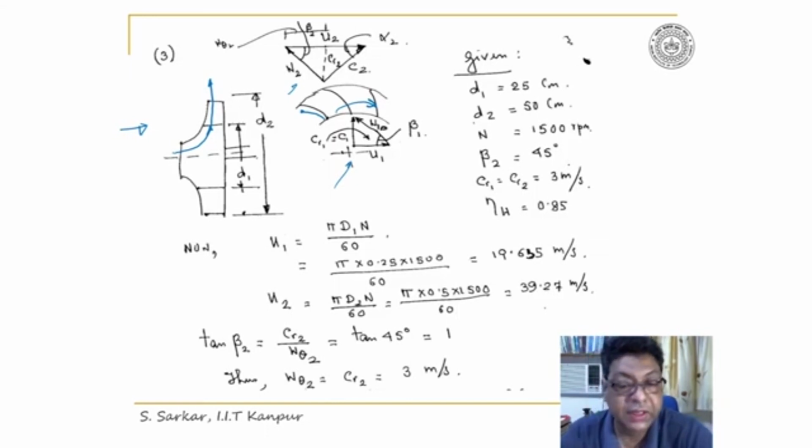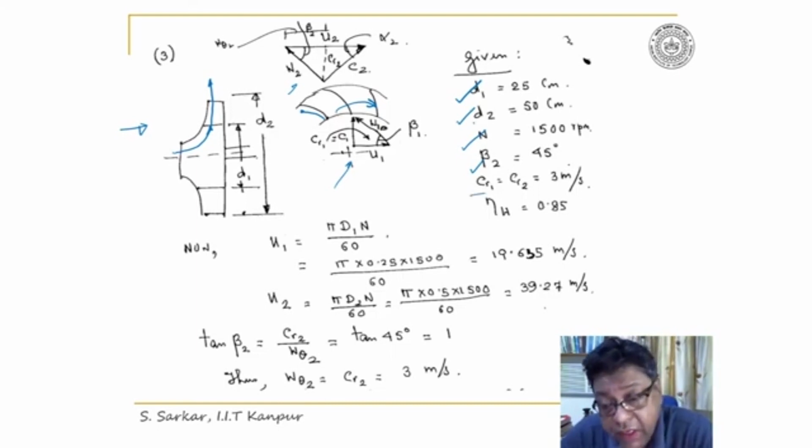Now look at what data are given here. D1, that is the inlet diameter of the impeller, is 25 centimeter, D2 is 50 centimeter, N rotational speed is 1500 rpm, beta 2, the exit relative flow angle, is 45 degree with respect to the tangential direction.